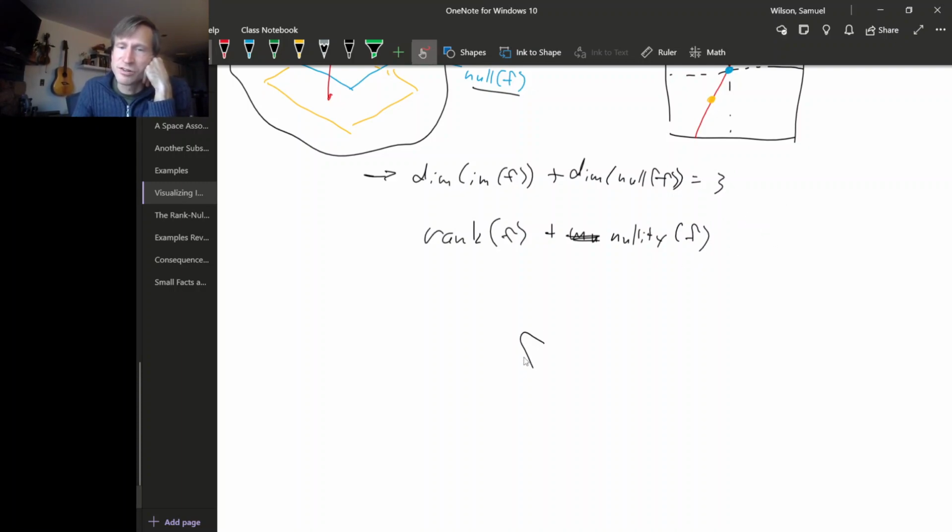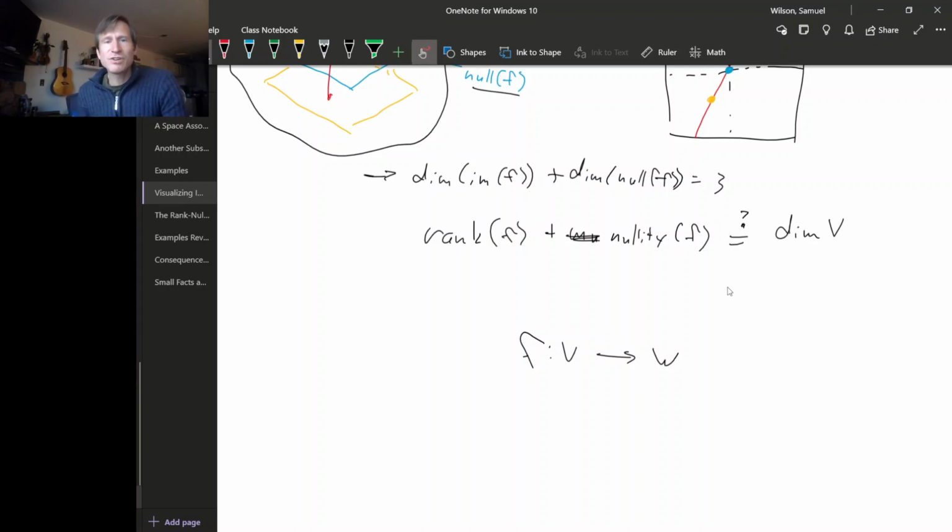So, in general, if we have a linear map from V to W, the role of 3 would be played by the dimension of V. And what we're seeing here is that maybe if you add the rank and the nullity of a map, you get the dimension of the domain. We've only checked it for one particular example, so this isn't a proof. This is something that we'll have to prove if we think this is right.